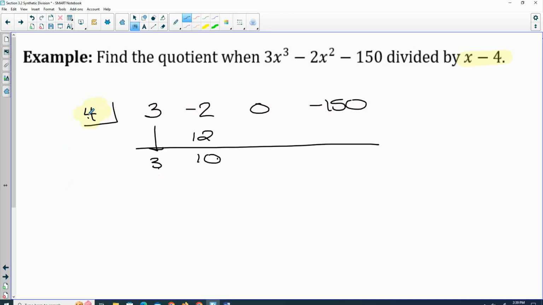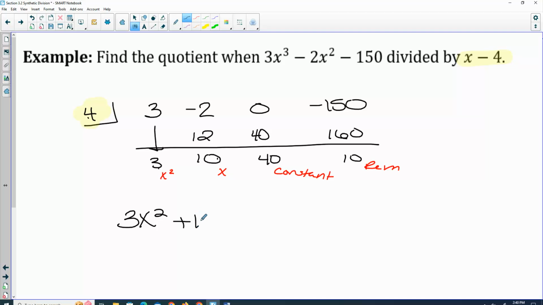So 10 times 4, 0 plus 40. 40 times 4, negative 150 plus 160. Okay, when you get to the end, this final number is your remainder. This is your constant. Then it's just increasing powers of x, so like x and x squared. So my answer is 3x squared plus 10x plus 40. And then how would I write my remainder?